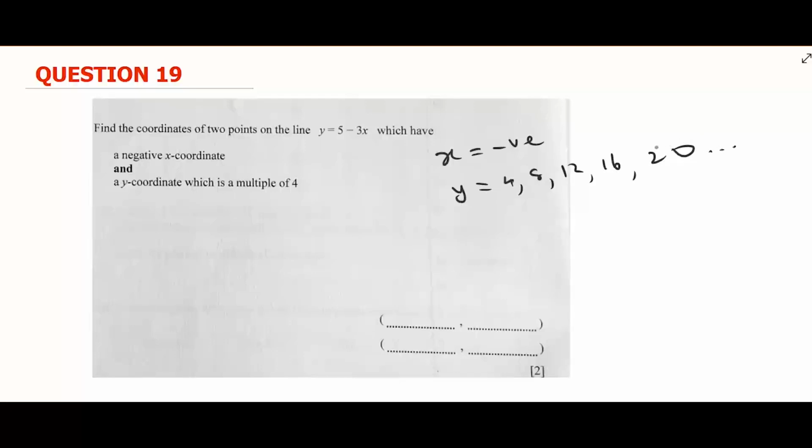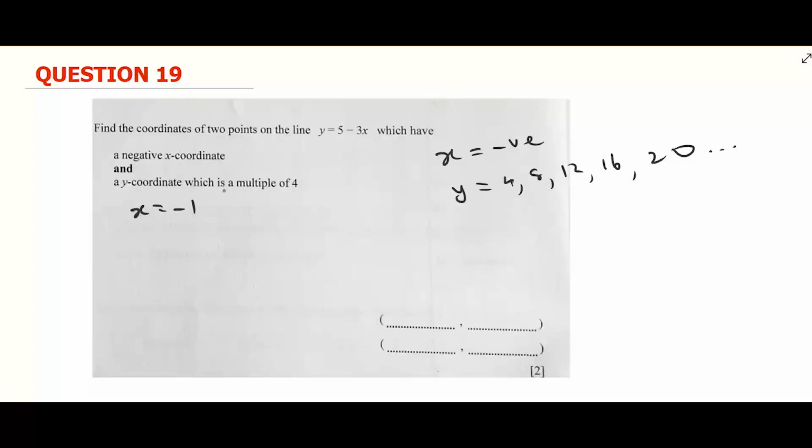So this is what your coordinates should look like. Okay, so what we're going to do is test it with the value of x, which is negative 1. Then we proceed from there. Okay, so let's say when x is equal to minus 1.